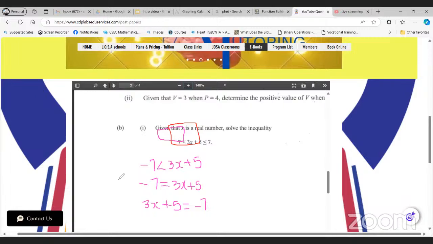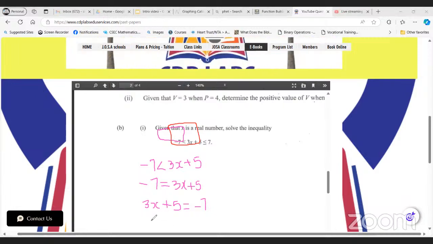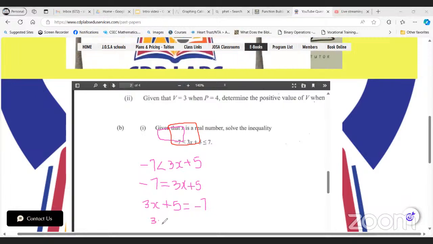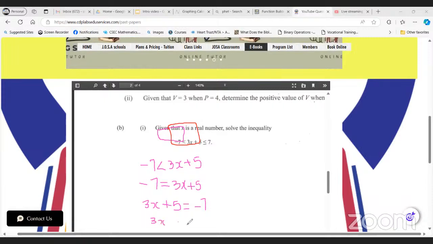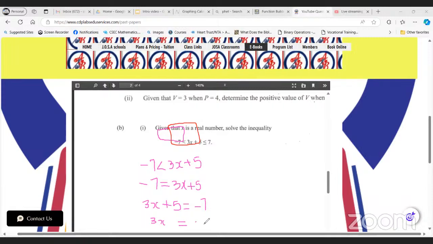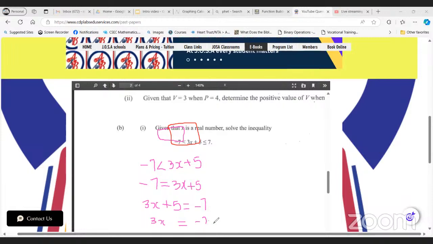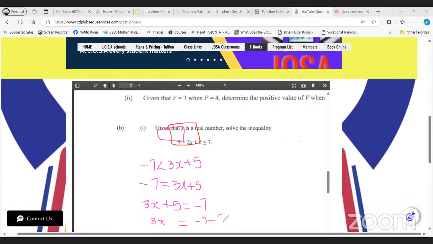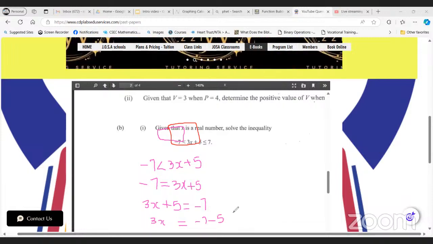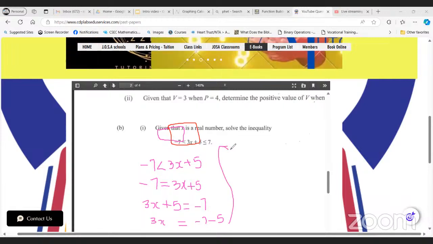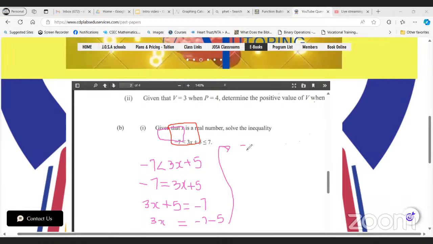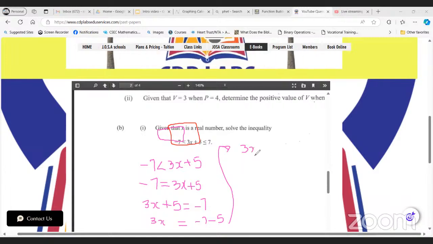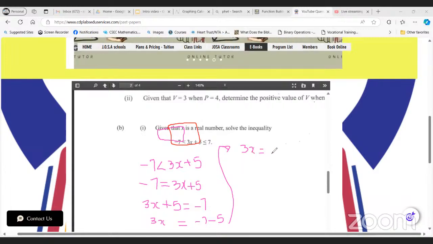All right, let's continue. So 3x is now equal to -7 minus 5. Let's go up to the top here. So 3x is now equal to -12.